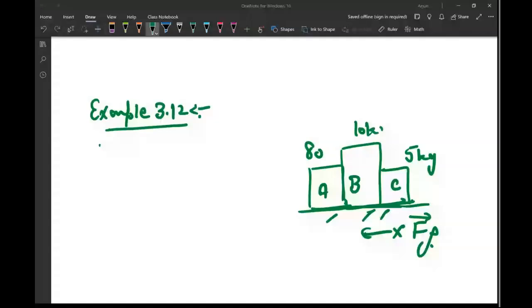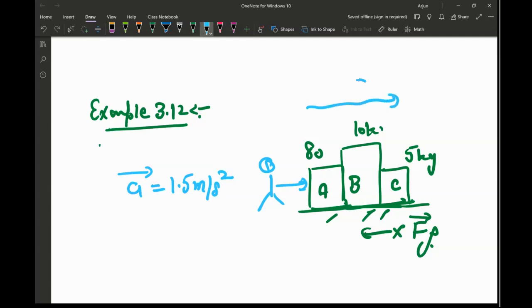We are also given that all these three boxes accelerate with an acceleration of 1.5 meters per second squared. This is me pushing against these blocks, and these blocks are moving with an acceleration of 1.5 meters per second squared. I wanted to calculate the force exerted by box C on box B. How much force will box C apply back on box B?